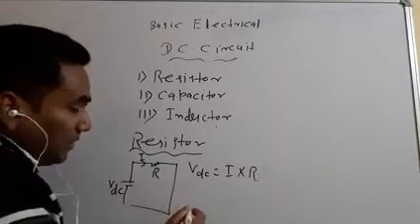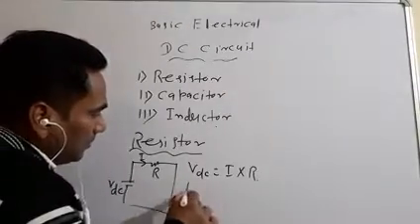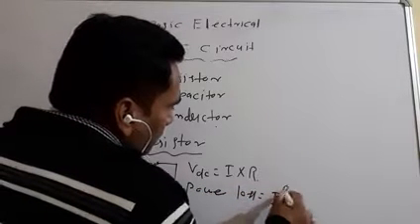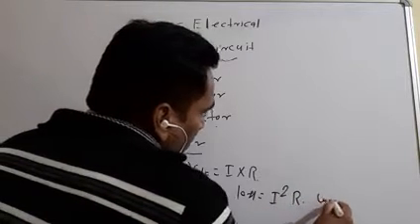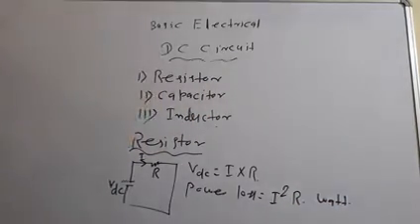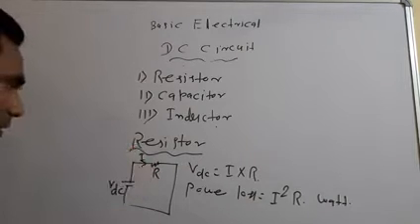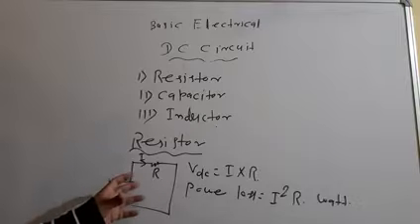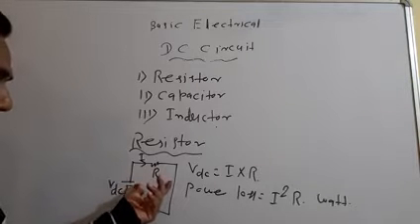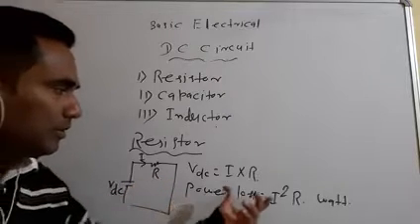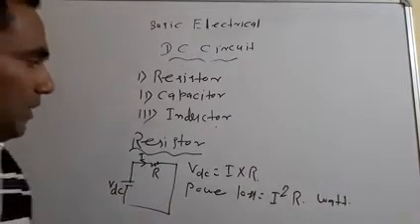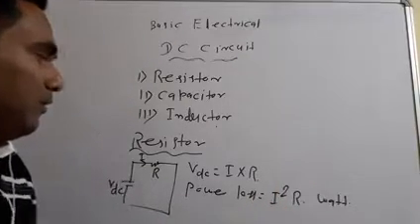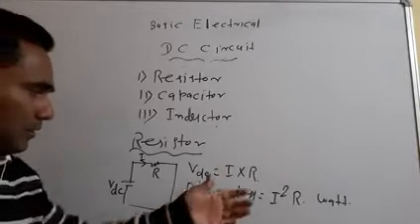That will be represented in a mathematical way like this: power loss is equal to I square R, and represented in watt. That means if someone asks you, in the presence of a resistor, how much power will be lost, we can easily apply this formula, I square R, and calculate the power loss.